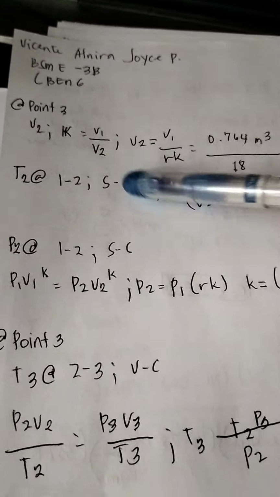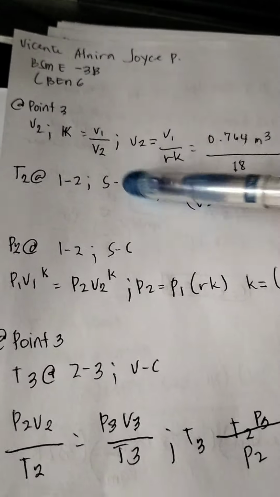At point 3, P2V2 over T2 is equals to P3V3 over T3, or T3 is equals to T2 times P3 over P2, equals 825.590 K times 7710 kPa over 6702 kPa.